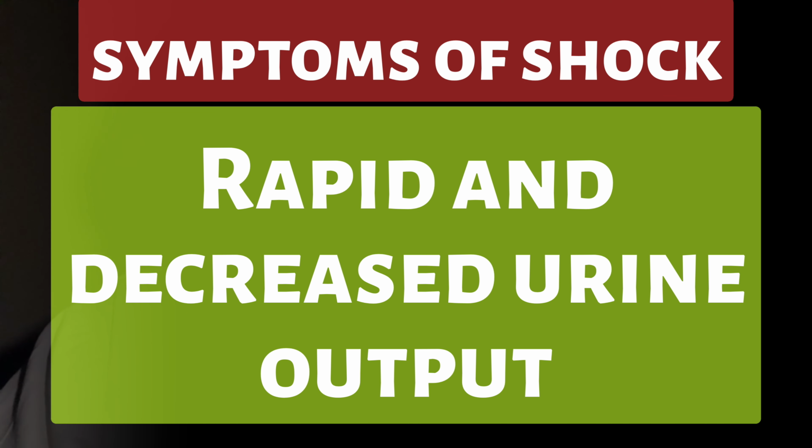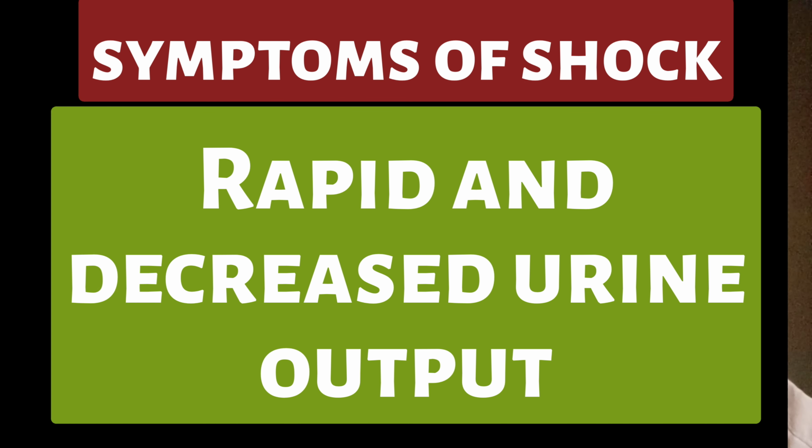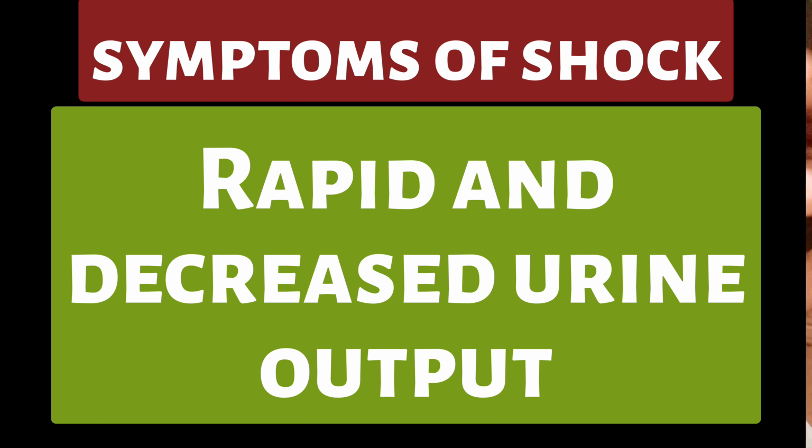So there is rapid and decreased urine output. This is contradicting, I know, yeah? Because we are saying rapid or decreased urine output. Obviously, if your body detects that your blood pressure is low, rapid urine output usually occurs in the first stages of shock, okay? But as time goes by, you're going to realize there's decreased urine output. Why the rapid urine output comes about is because of the hormones.